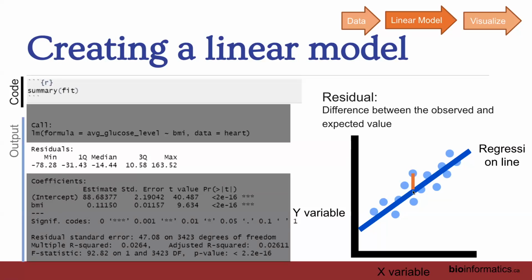But there is a difference between what is expected that intersects our regression line and the actual observed points. So this point is a little bit higher. The difference between the observed and the expected, that distance is our residual. When we're fitting a linear model, we're trying to minimize the residuals on all points. So if we had that really low one down there, it would have a really high residual.